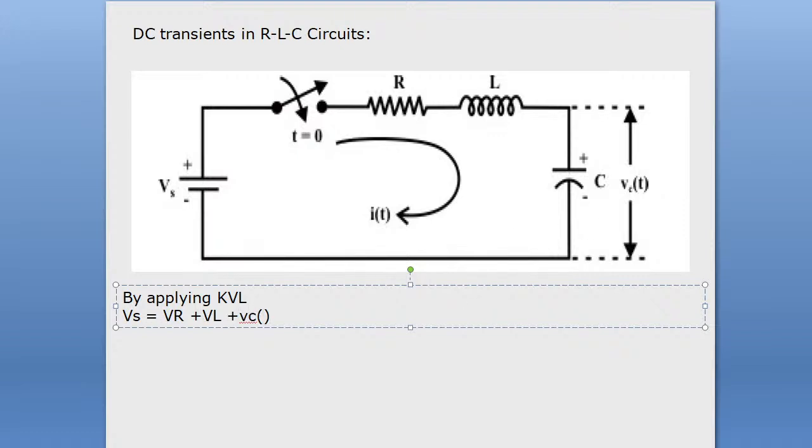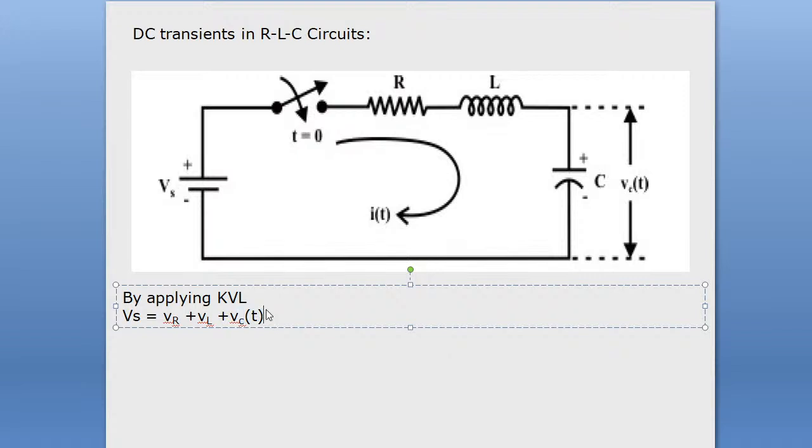These are all in small letters, changing with time; you can write them that way.